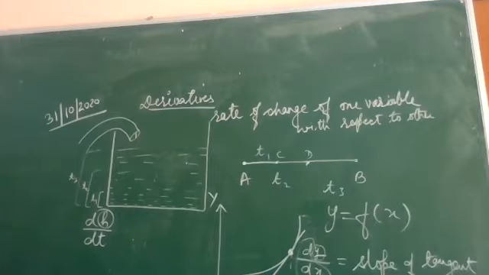So this is dy by dx. So you can say it is the slope of the tangent at any point of a curve, or simply it is the rate of change of one variable with respect to the other. Clear? Derivative is clear. Now if anybody asks for the definition, if anybody asks what is derivative, you can tell it clearly. Have you understood this? Yes. Note it down.